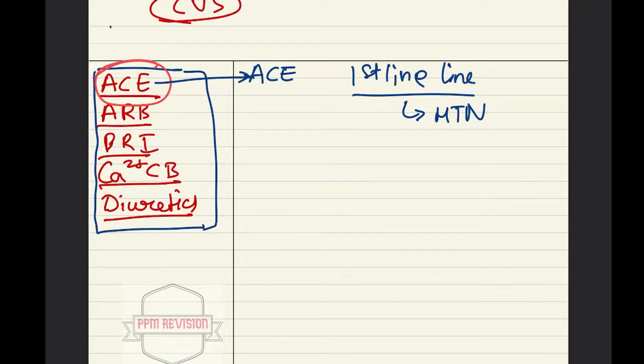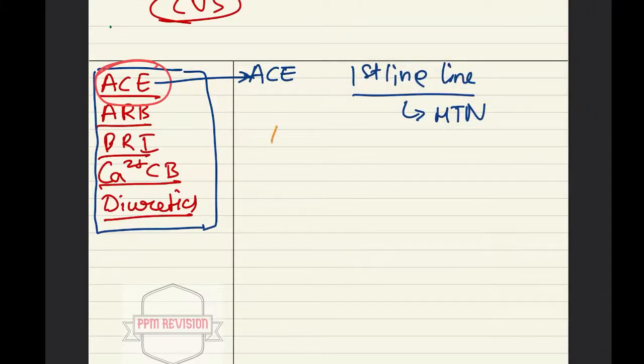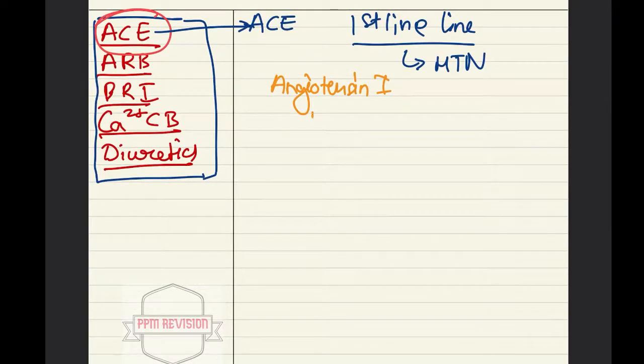first we need to look at what exactly happens. So the angiotensin 1 is converted to angiotensin 2, and this is in presence of ACE.